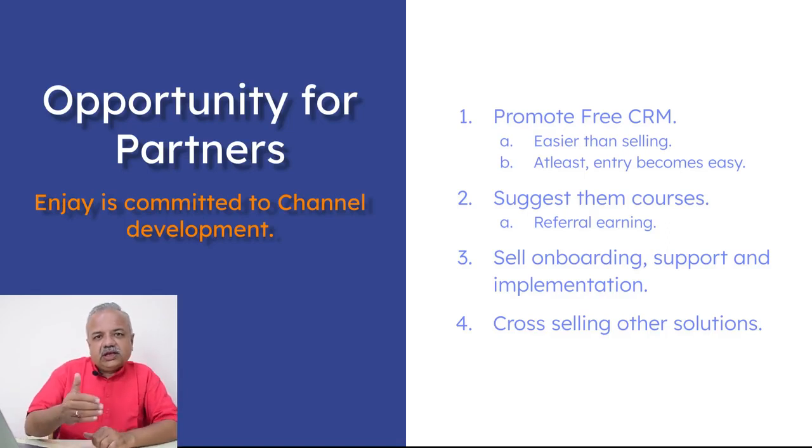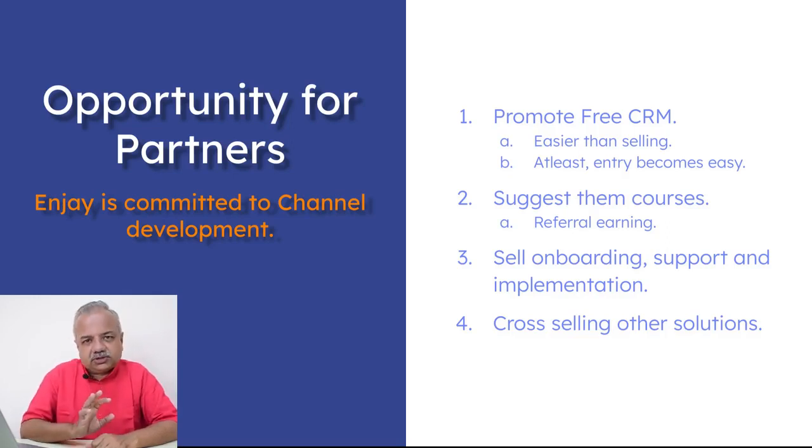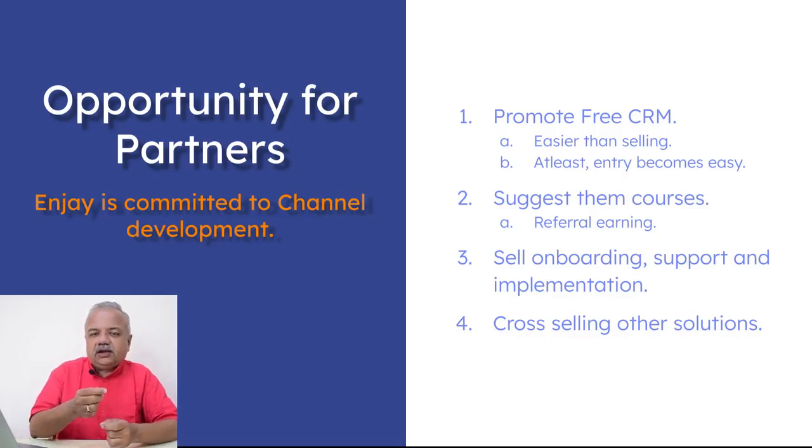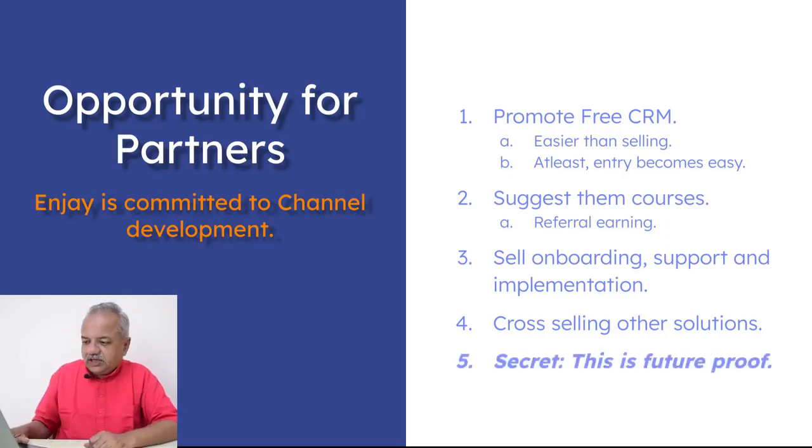Now that you have started the relationship with the free CRM, you are through with the 80% work. Now, with some more effort, you can sell them other solutions as well. Not just the NJ products, but you can sell them your own other products. So, this is a fantastic option to start the relationship that you go to them with the free CRM.